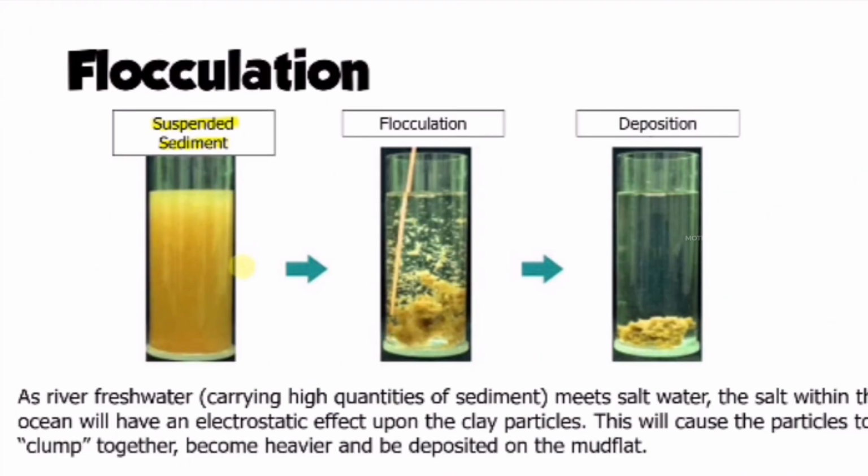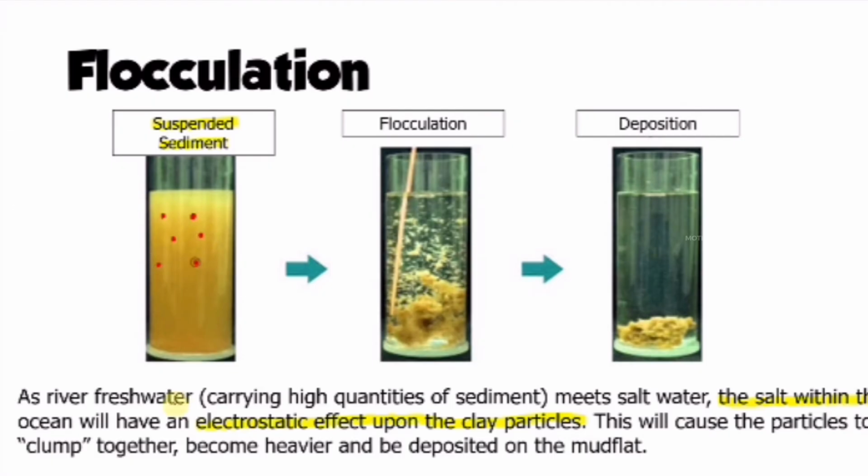What happens as the salt water and the fresh water meet? The salt within the seawater basically gives an electrostatic charge to the clay particles. If you imagine that we have lots of clay particles floating around in this water, I'm just going to draw them much bigger than they actually are in reality.